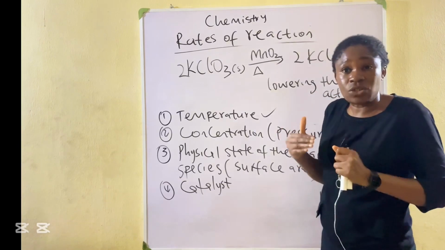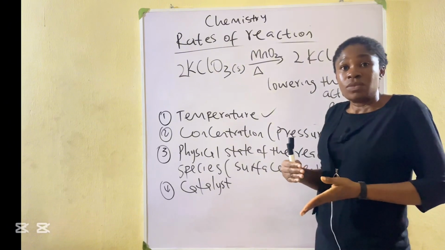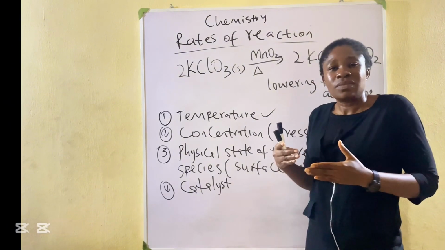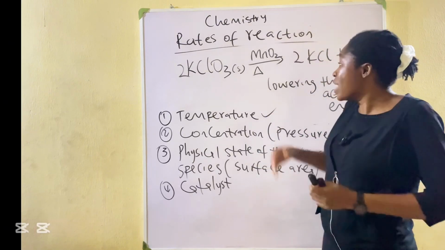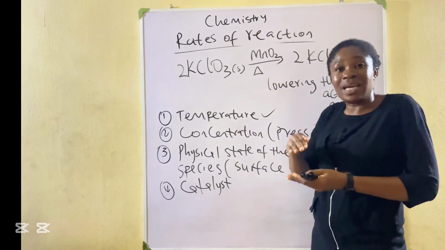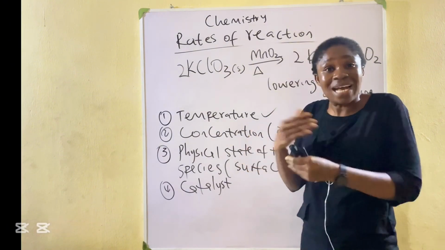A spontaneous reaction has a very low activation energy. So when you add a catalyst, it lowers that activation energy, so it makes the reaction proceed fast. The reaction will complete within a short time.